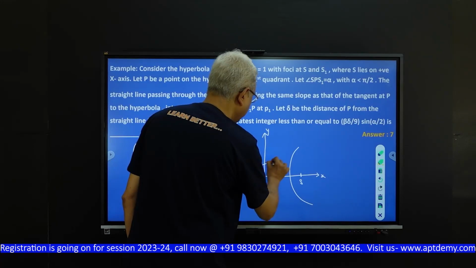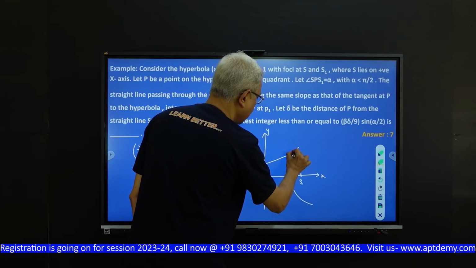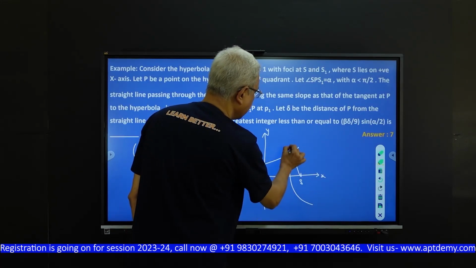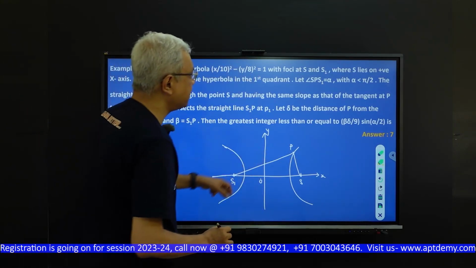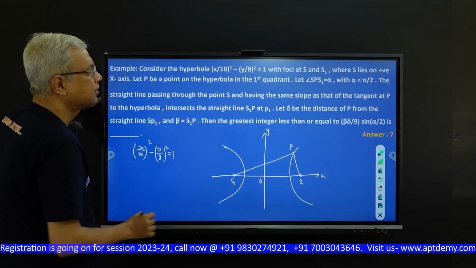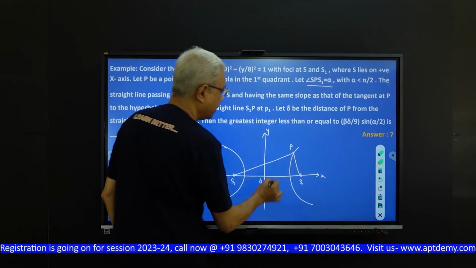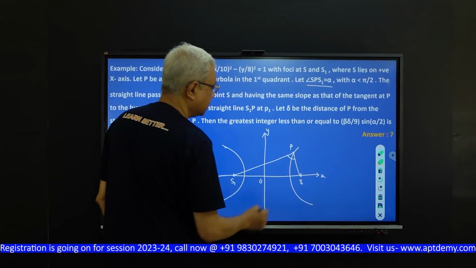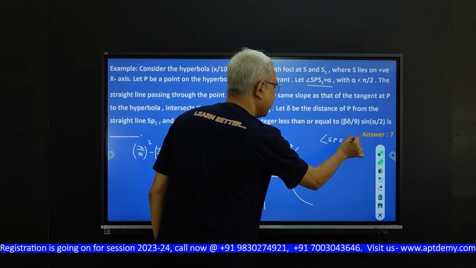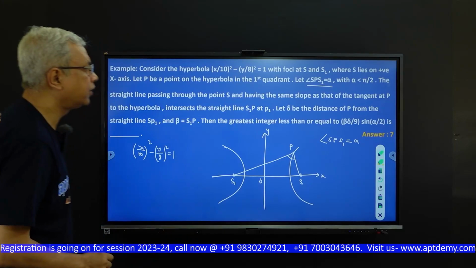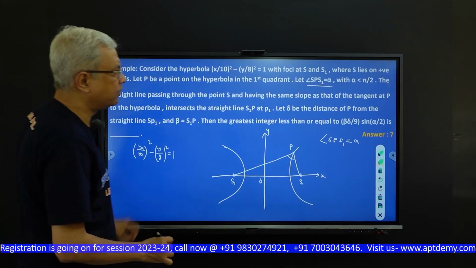And P is one point on the hyperbola, and the angle S P S1 is alpha. This angle is alpha. And alpha is less than pi by 2.